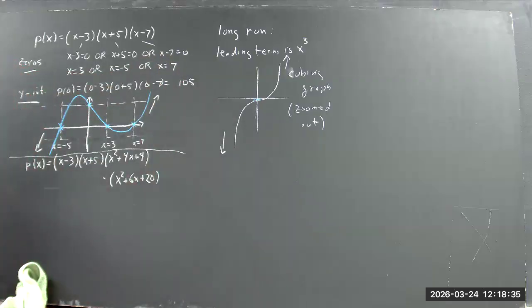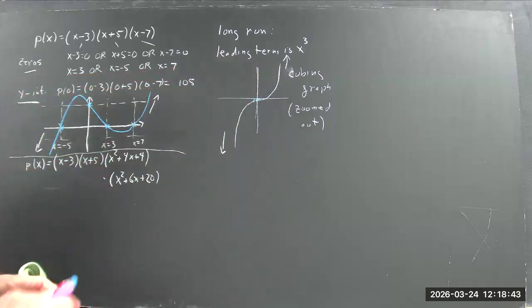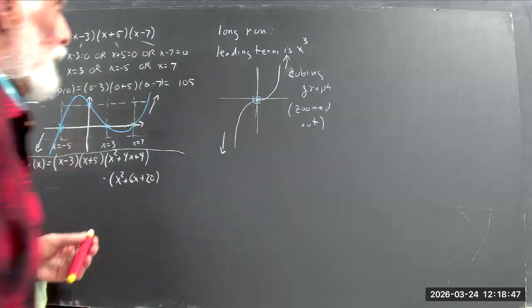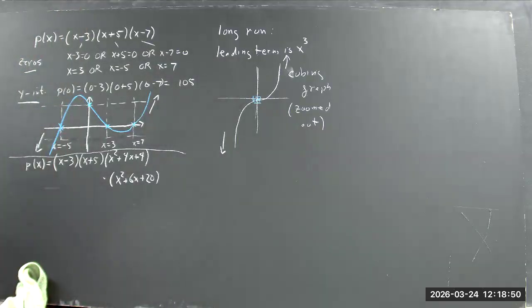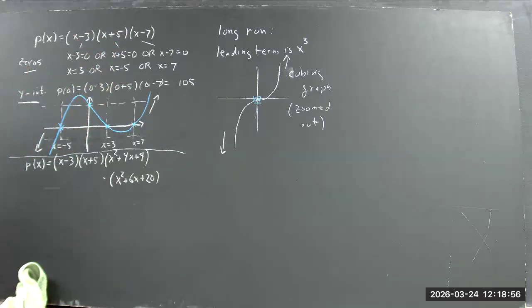Then we come back up. Now you can see that this graph is going to continue on and look like this. And these little wiggles are just within a short distance. If you zoom back, these things are just going to be in a little part of the graph near the y-axis.